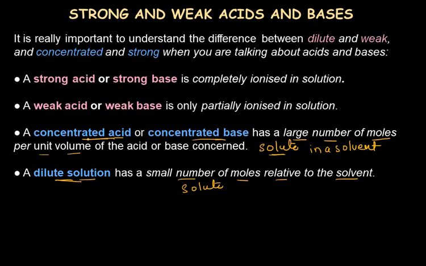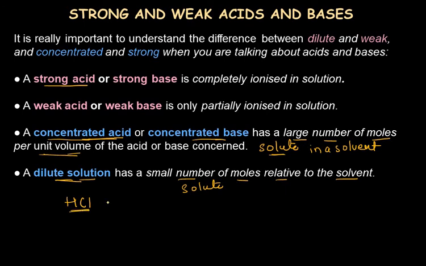It's not only acids that can be concentrated; any solution can be concentrated or dilute depending on the number of molecules present per unit volume. Now it's very important to understand the difference between a strong acid and a concentrated acid, because these are two confusing terms. HCl, as we have seen, is a strong acid.